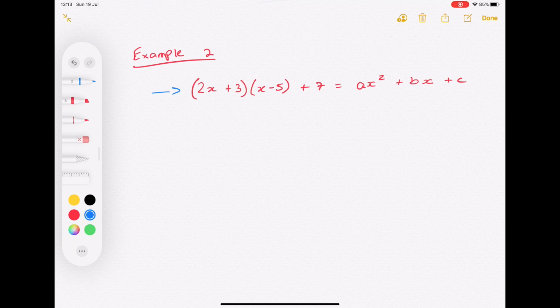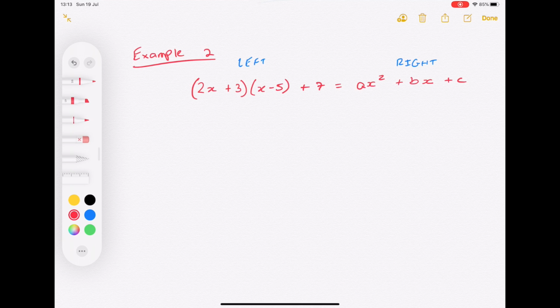So instead, we're going to make them look more similar, the left side and the right side, and if possible, directly comparable.